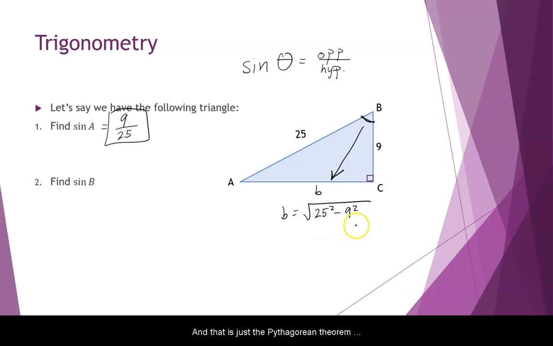And that is just the Pythagorean theorem manipulated to solve for side length B. I ended up with B is approximately 23.324. I don't know if we want to leave it that exact considering our other numbers are 25 and 9. Let's leave it as 23.3. So B is approximately 23.3.